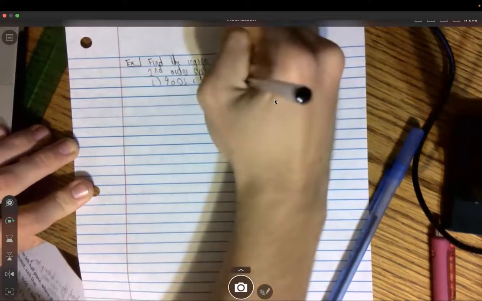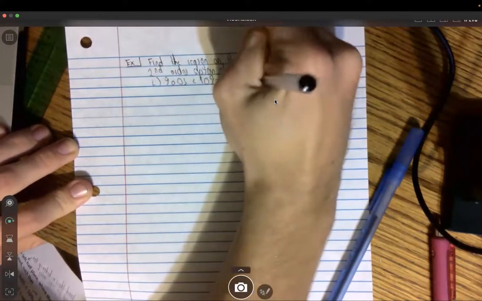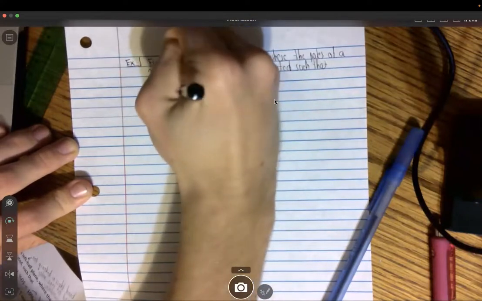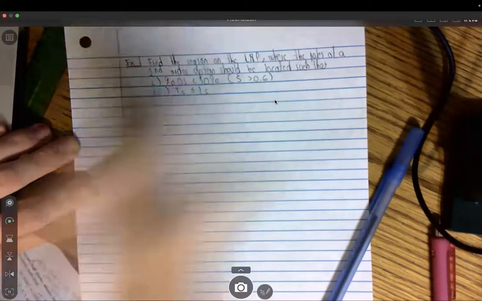When you look at the table, you're going to notice that zeta then has to be greater than 0.6. And the second condition is the settling time must be less than or equal to 1 second.